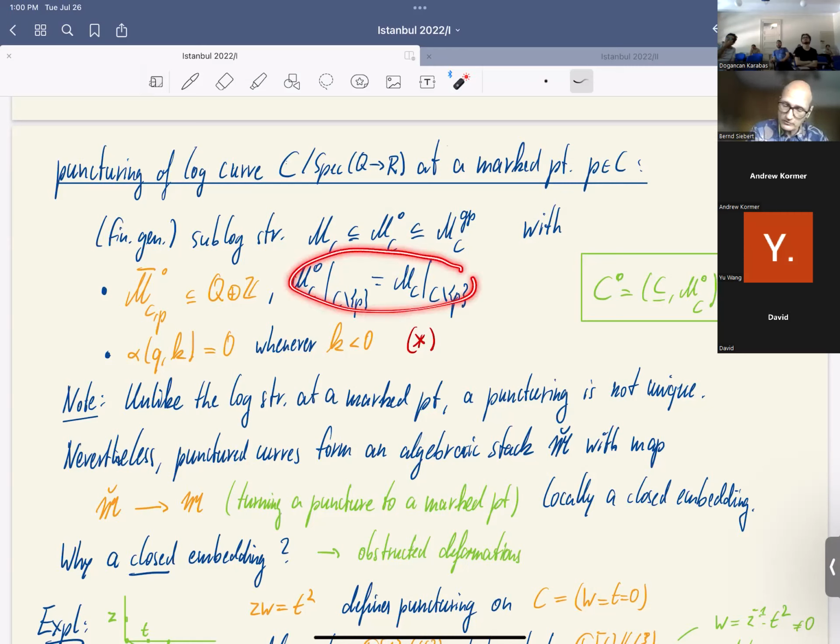First, outside of P, it should just be the same. Well, of course, if you have several punctures, you want to remove all the punctures. And then the M bar, you don't do anything with Q, okay?